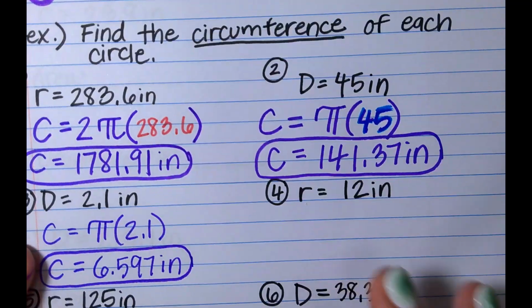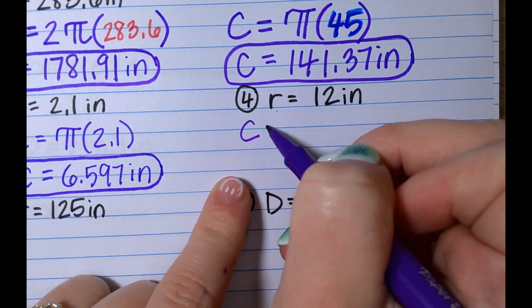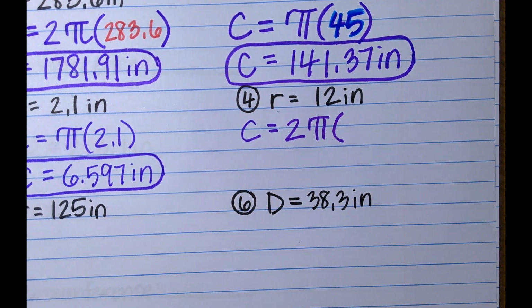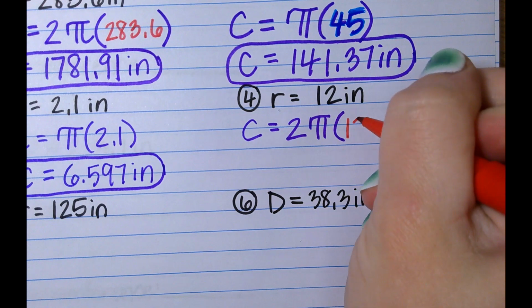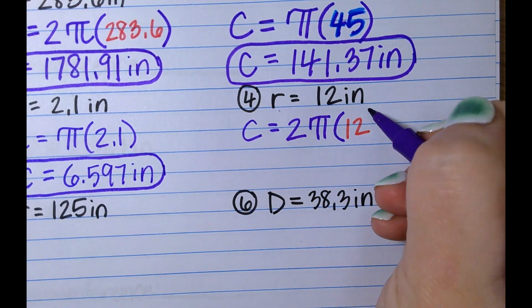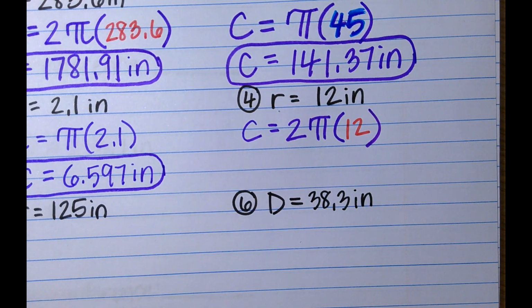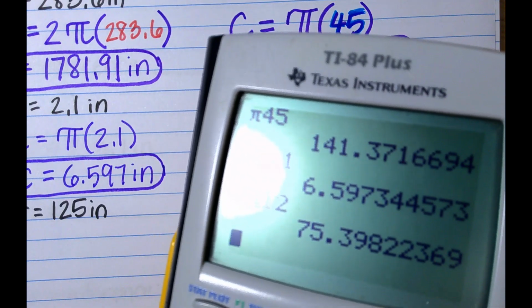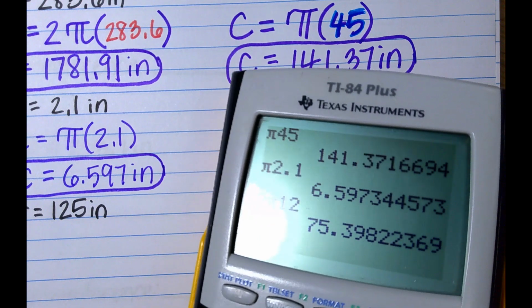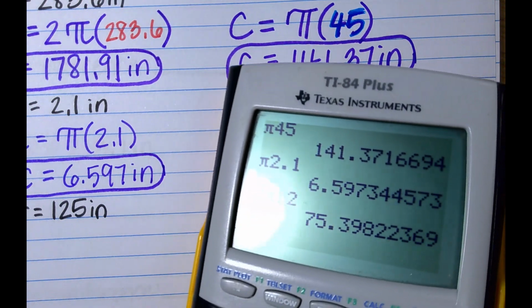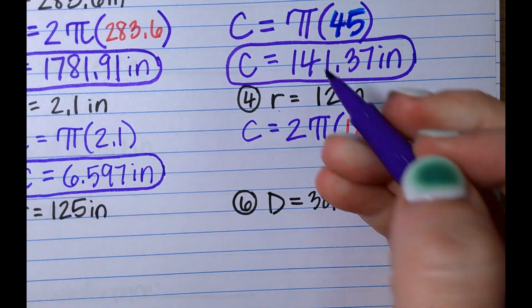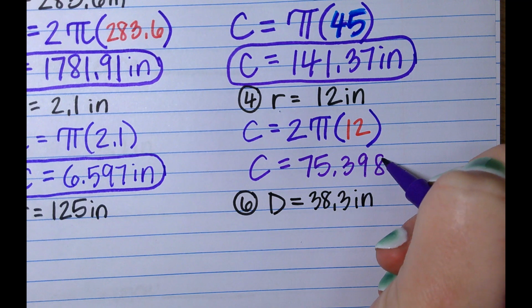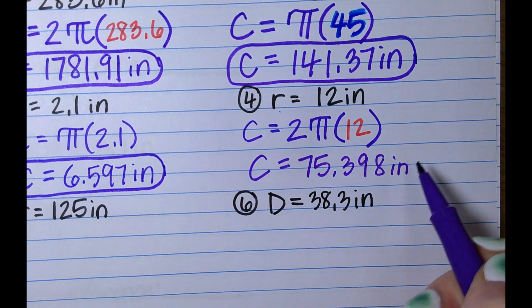So I'm going to write C equals 2 pi, and instead of r, 12. 2 pi 12 should give you 75.398, or you could say 75.40. 75.398 inches. Okay.